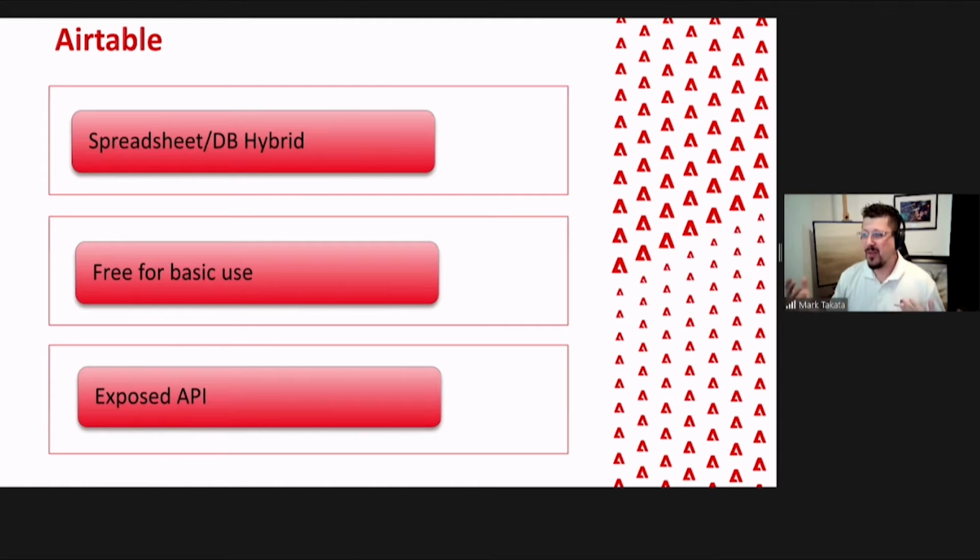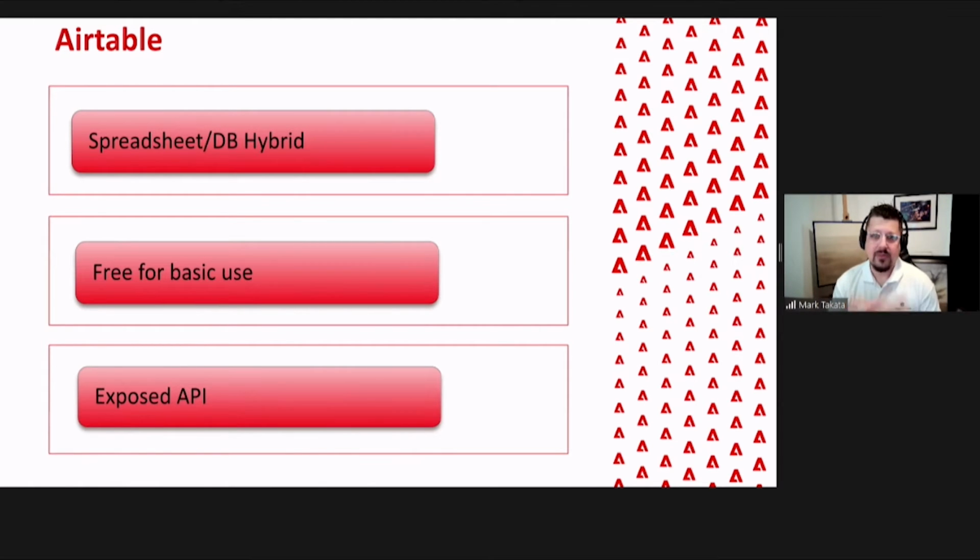So what is Airtable? It's kind of a spreadsheet, kind of a database, and kind of a relational manager, which sounds god-awful and very complex, but it's actually really well done. It's free for basic use. If you want to go to airtable.com and sign up today, they have a free tier that you can do a lot of really cool things with.